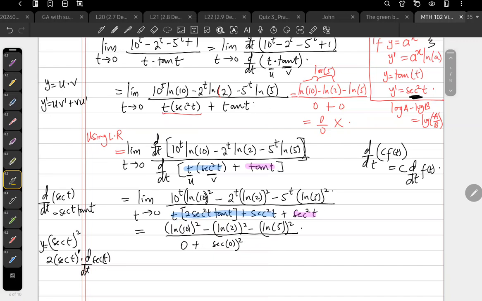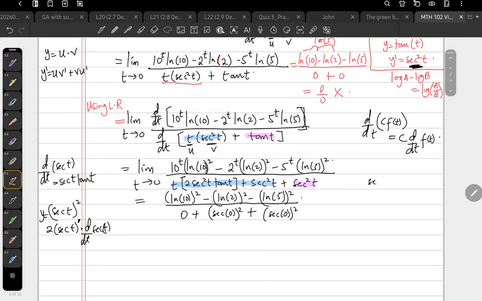Okay, so let me just write it out. Plus sec 0 squared. But what is sec 0? Sec 0 is 1 over cos 0. Since cos 0 is 1, this is 1 over 1, which is 1. Also we remember that natural log of 10 is natural log of 2 times 5, which is natural log of 2 plus natural log of 5.